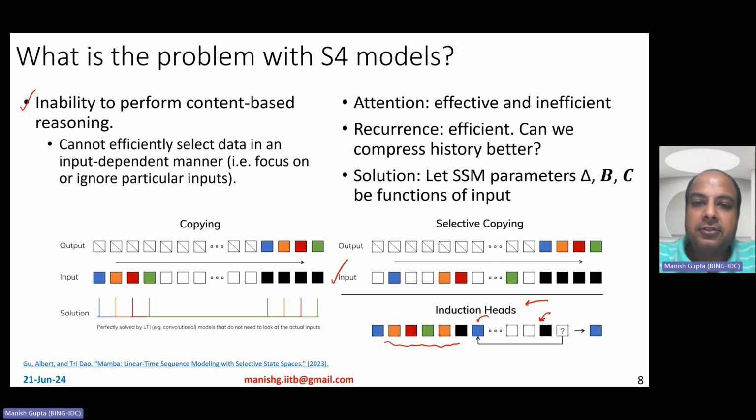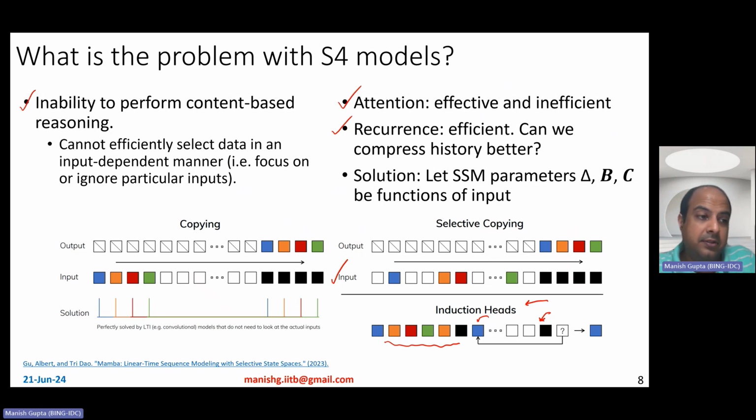Attention, of course, in transformer models is effective, as we all know, but it is inefficient, because the transformer models don't do any compression. You want compressed memory, but you also want attention. That's the interesting part you want. Recurrence is efficient because it compresses the entire history into a small state. Of course, standard recurrent neural networks compress it down to an H-sized single layer, which is really bad.